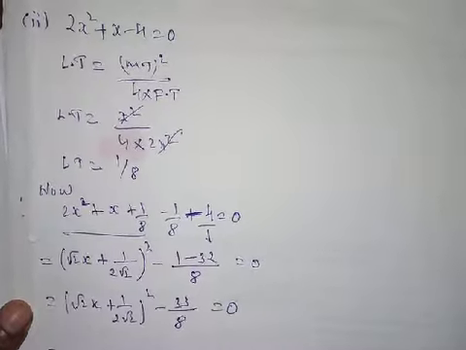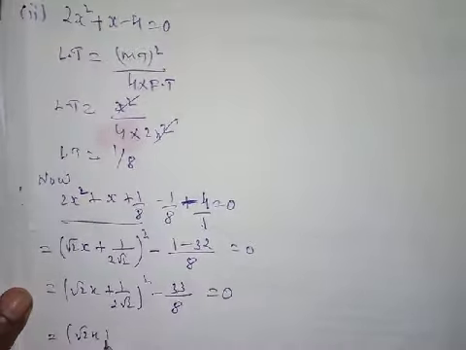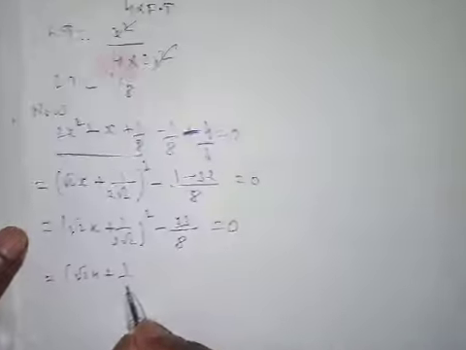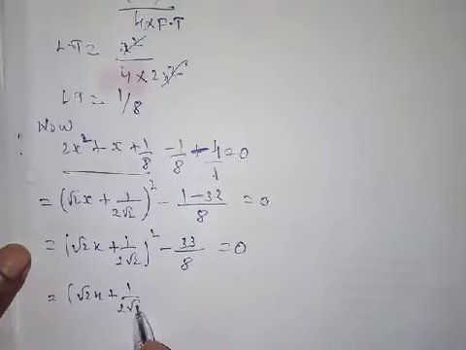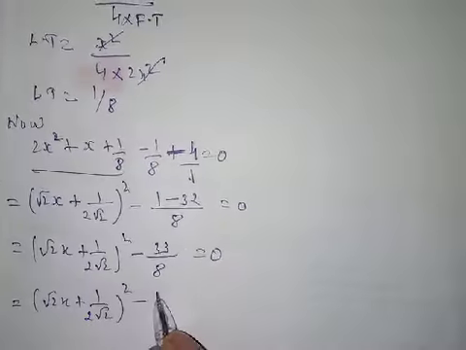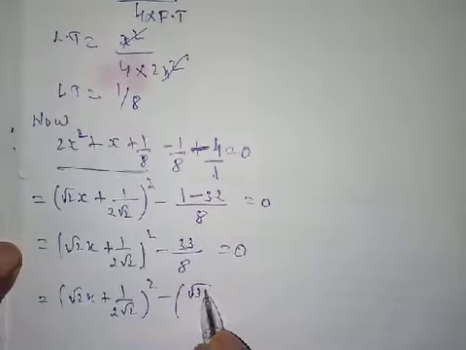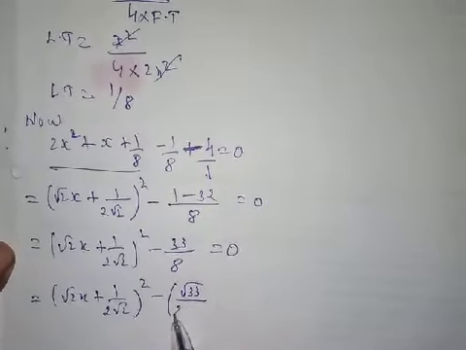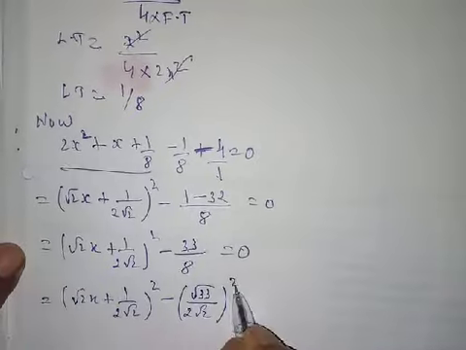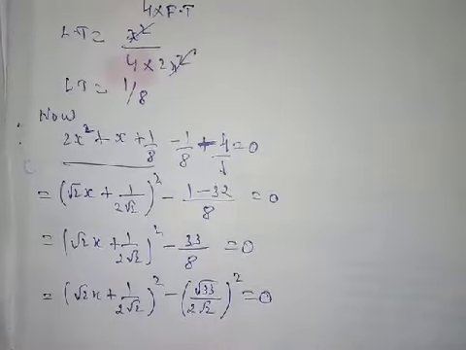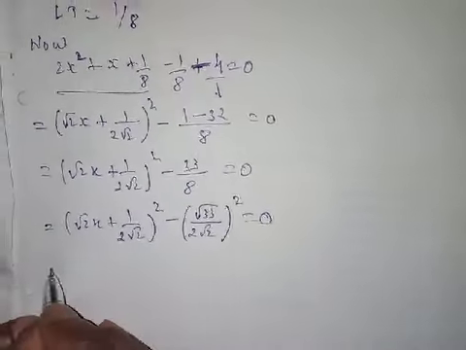So how we'll get it is root 2x plus 1 upon 2 root 2 whole square. Okay, this will become root 33 upon 2 root 2 square is equal to 0. So a minus b, a plus b.